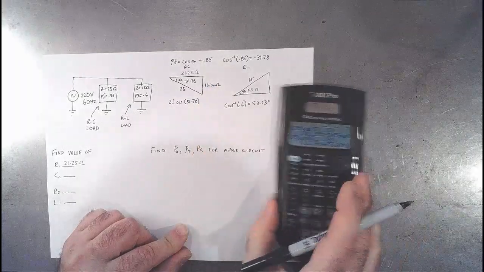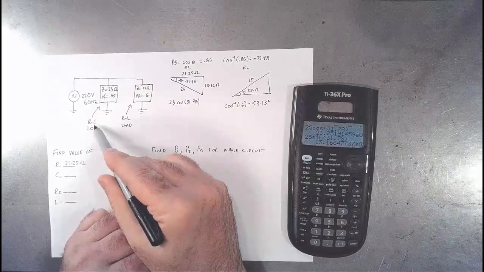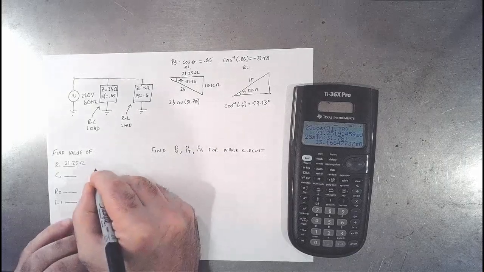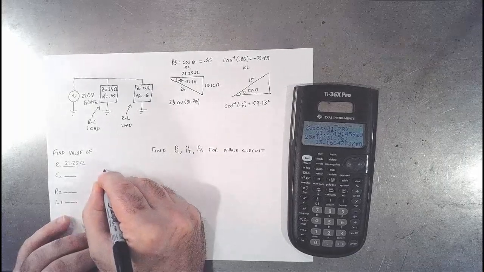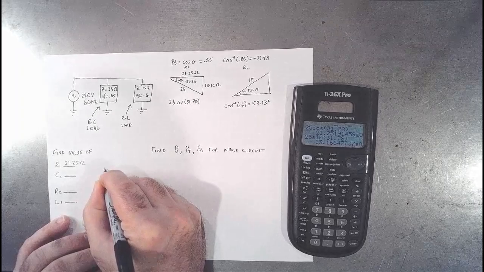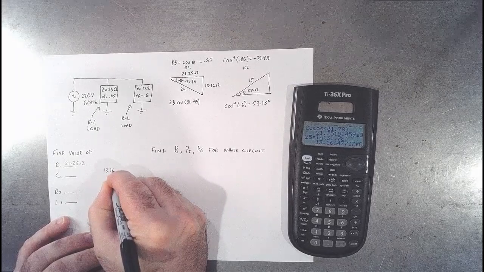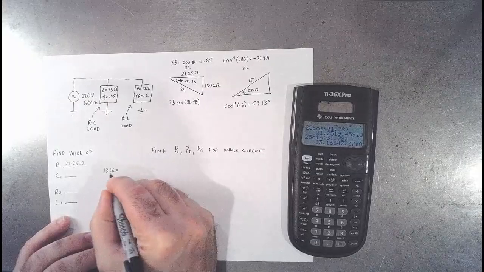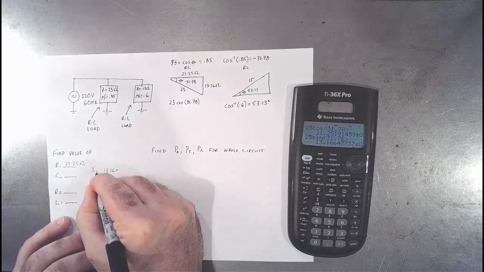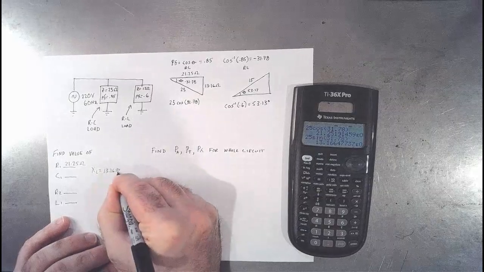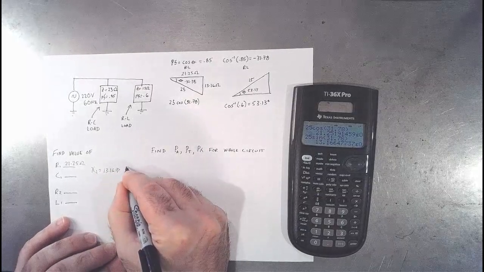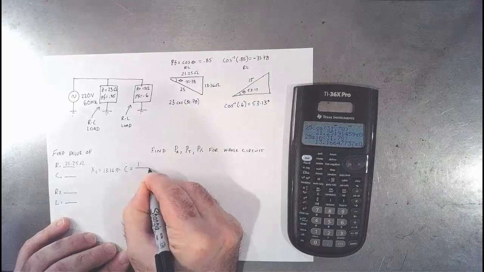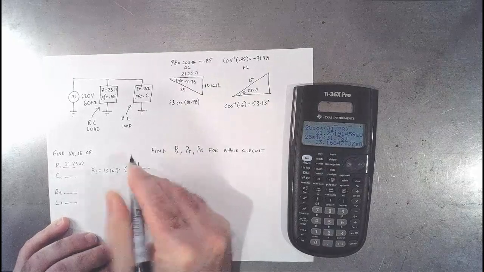Okay, but that is the capacitive reactance of this capacitor. It's not the actual capacitor value. So if the capacitive reactance is 13.16, that means we need to solve for C. So C is going to be 1 over 2 pi, and what's the frequency?